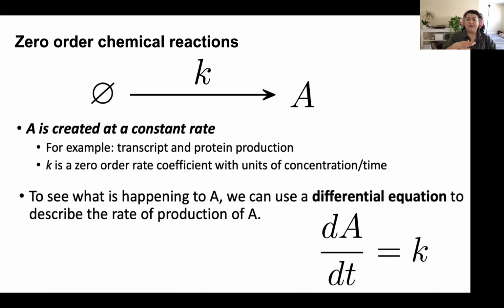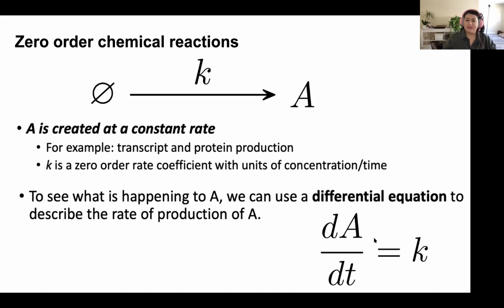If we want to know what is happening to A, we can use a differential equation to describe the rate of production. The way I was taught was that we are gaining A, so the differential equation for A means that we are gaining A with a coefficient of K. So the differential equation ends up looking quite simple.